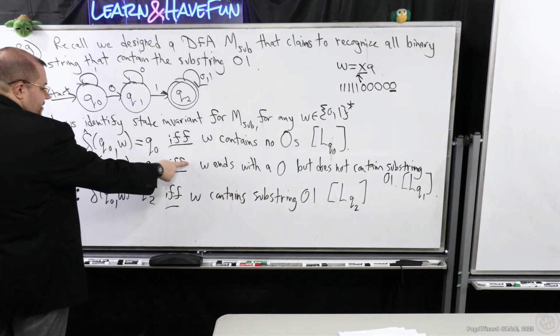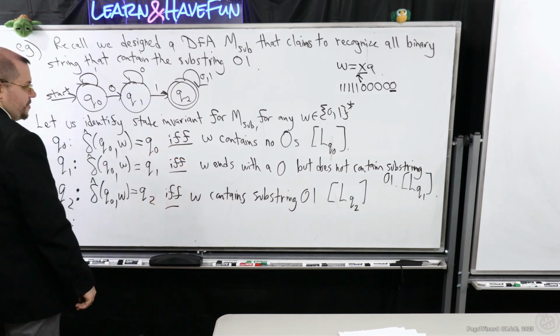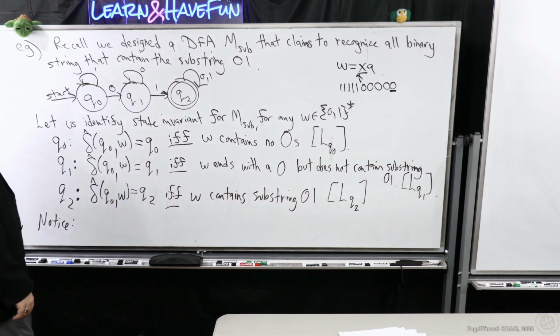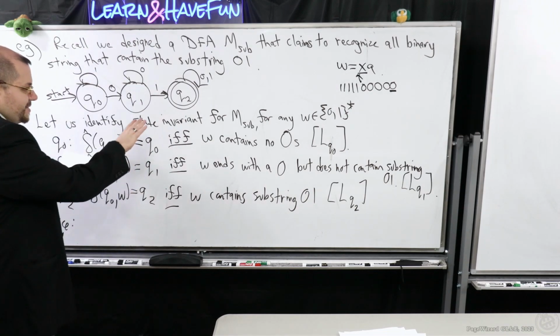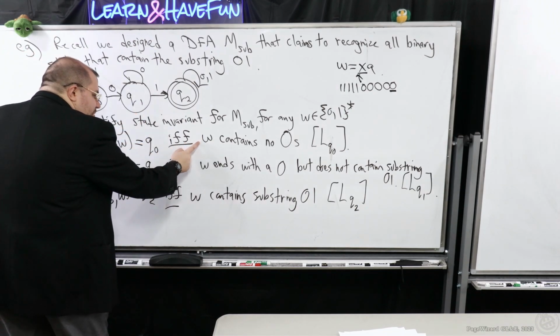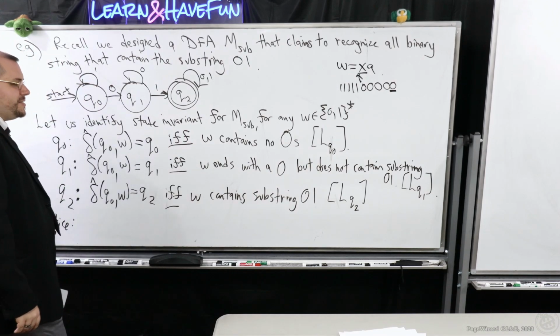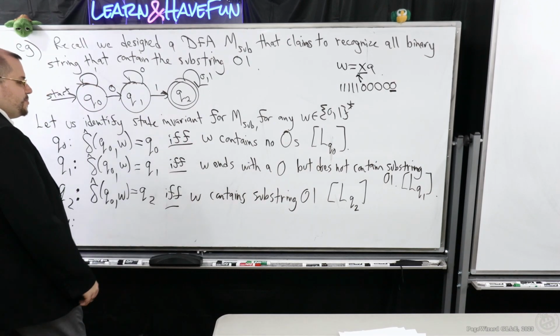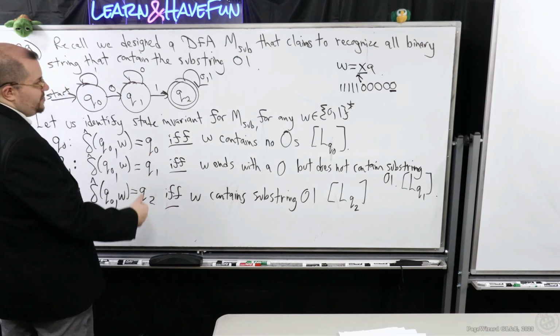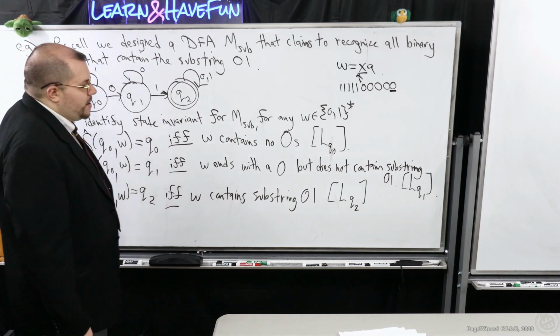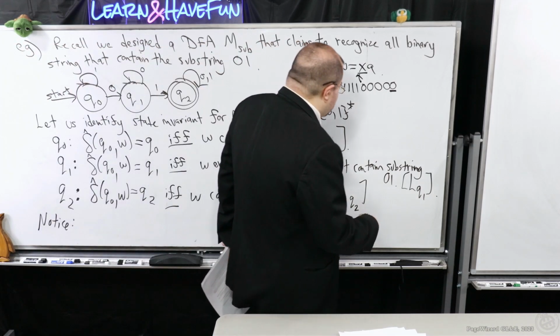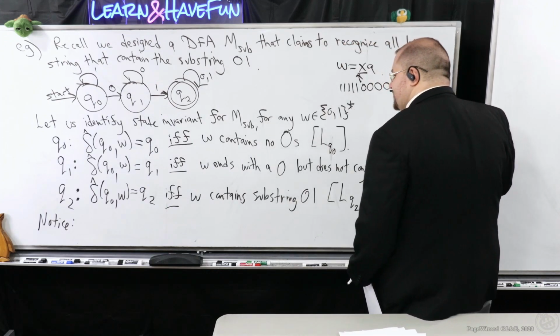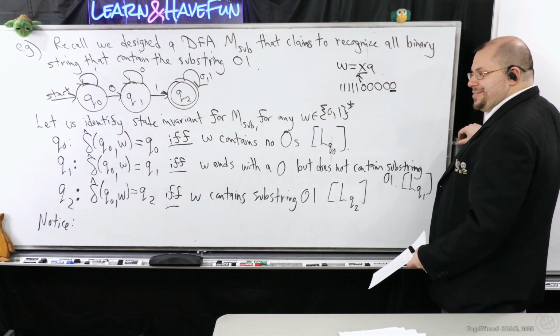This one contains at least one zero. In fact, let's go through them all pairwise. So this one contains ones with no zeros. It can have as many ones as it wants. This one ends with 0, but it can have ones before it. And it could have more zeros, but it doesn't contain this substring. This one contains everything else.